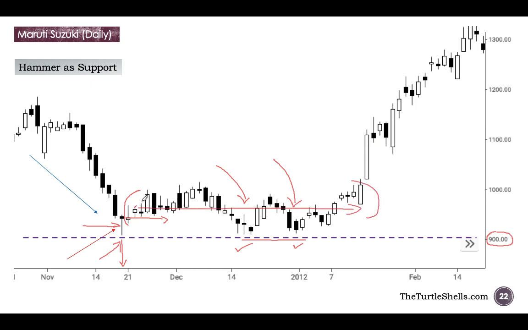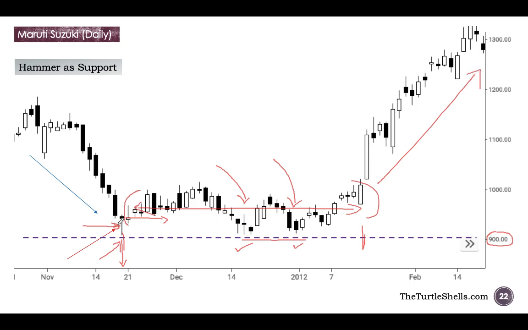Probably you would have become nervous when the prices went down. But if you had that patience for a month or so, from here till about here, a period of 1.5 months, and you had the confidence in the hammer that the low of the hammer will hold as support, then your patience was handsomely rewarded. The price just skyrocketed from there.